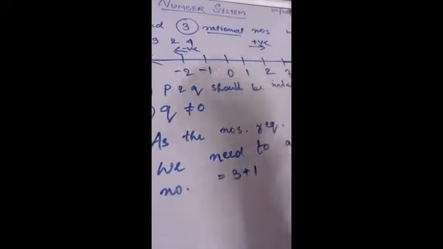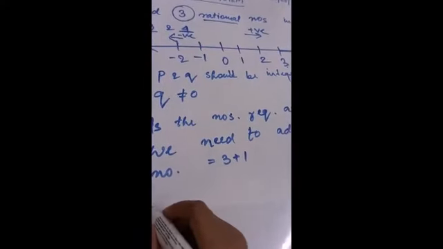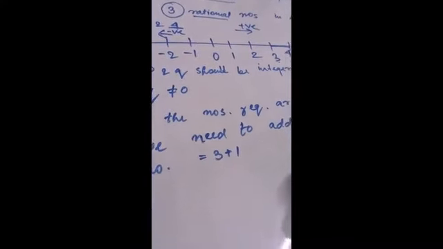Now what are the numbers in between we will need to find? 3 and 4, right? 3 and 4.